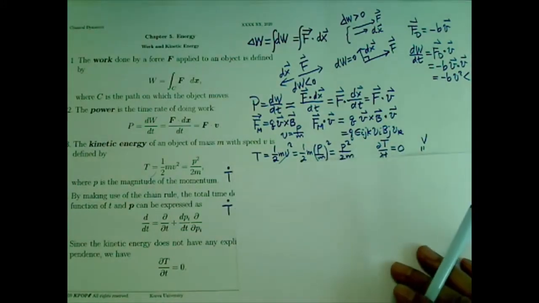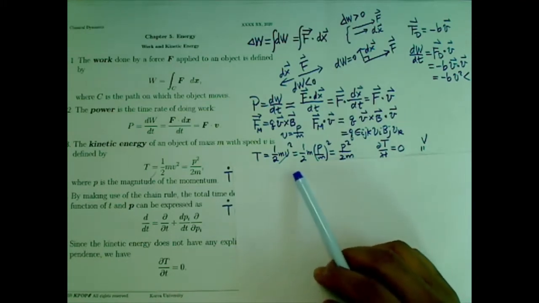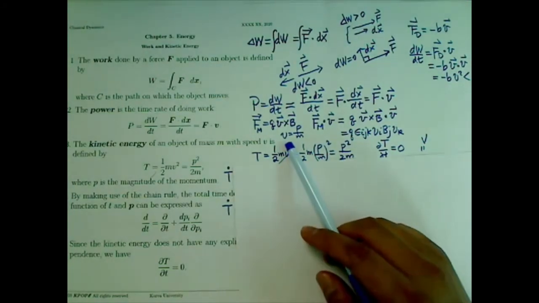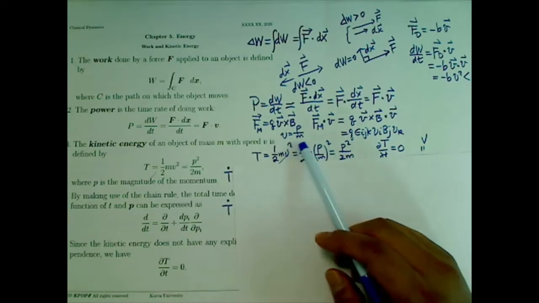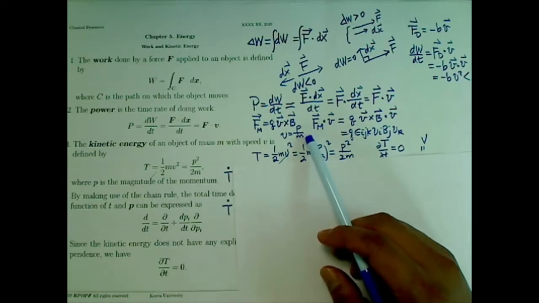Next one is kinetic energy. Non-relativistic kinetic energy of a particle is 1/2 m v squared. You know, velocity can be obtained by dividing the linear momentum by mass.